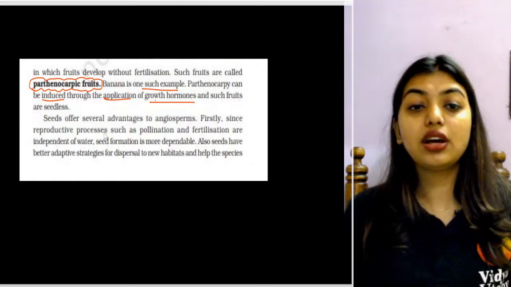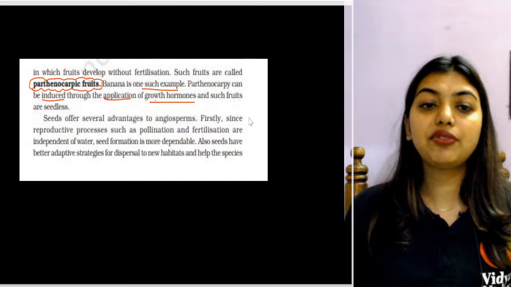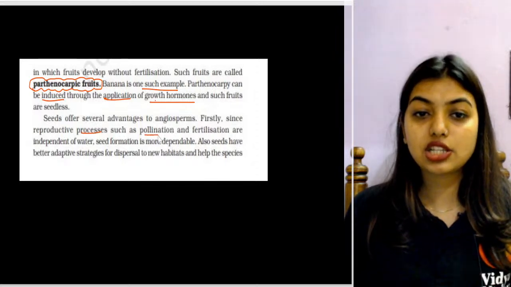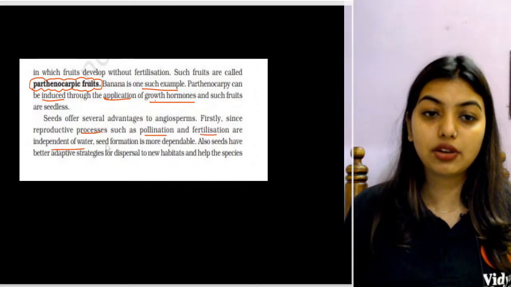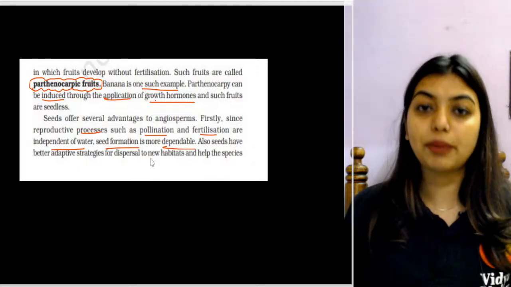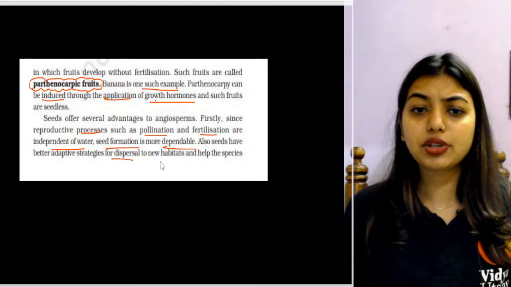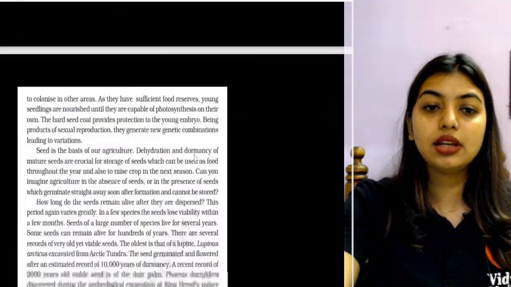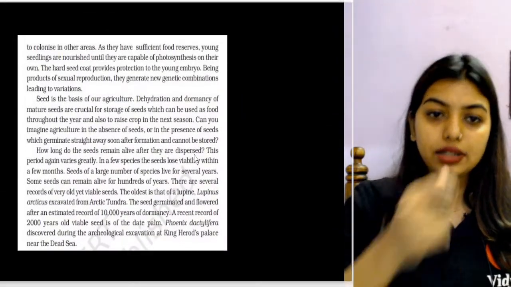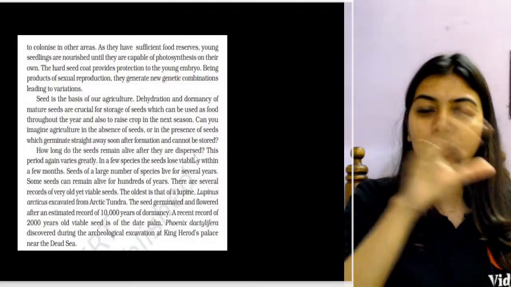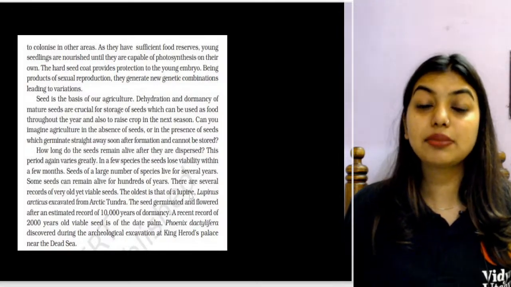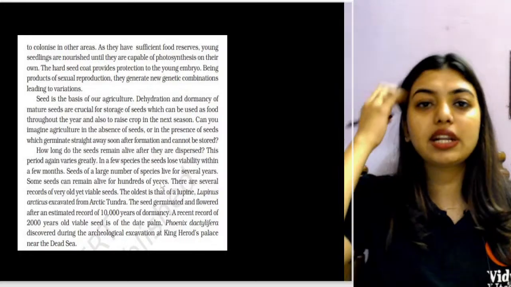Seeds offer several advantages to the angiosperm. Firstly, since the reproductive processes such as pollination and fertilization are independent of water, seed formation is more dependable. Also, seeds have better adaptive strategies for dispersal to new habitats and help the species to colonize other areas. Here they're talking about some common factors, but there are some names which they might ask in questions.